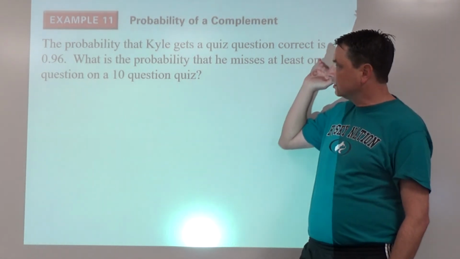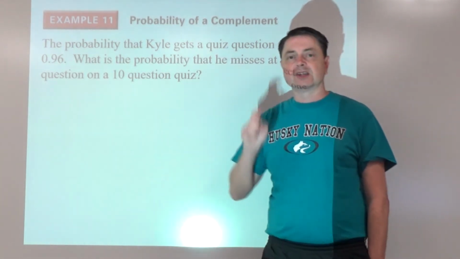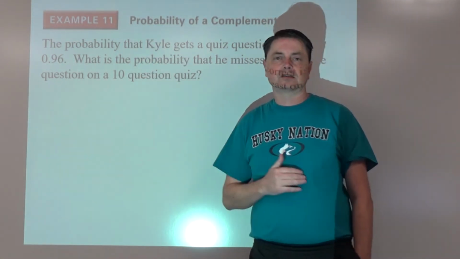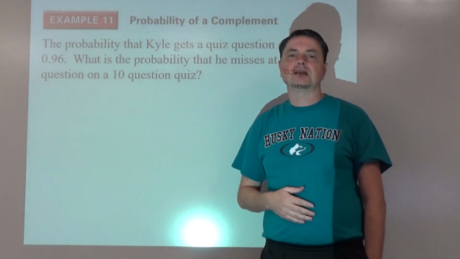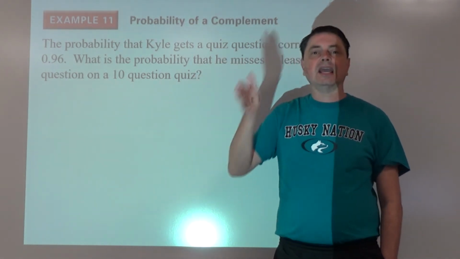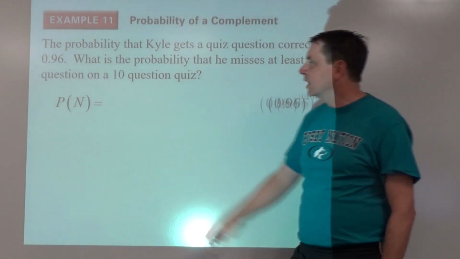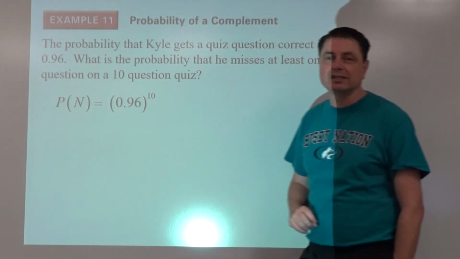So if we're talking about getting them all right, what's the probability that Kyle gets the first question right? 0.96. What about the second question? 0.96. And the third, and the fourth. And since it's and, we're going to multiply all of those together. So the probability of getting them all right is 0.96 to the 10th power.